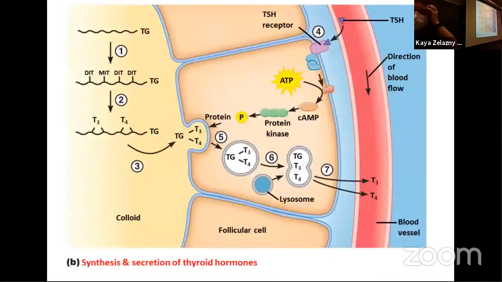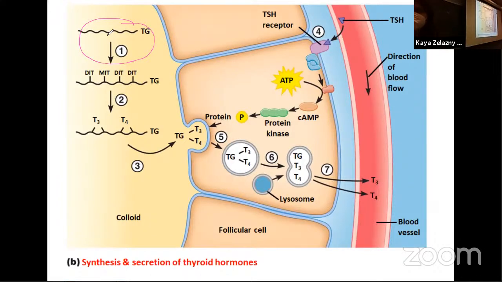So when it comes time to start making our thyroid hormones, we have a pathway. I'm not going to ask you to memorize this whole pathway, but I want you to get the general idea. Here's our thyroglobulin, our precursor molecule.